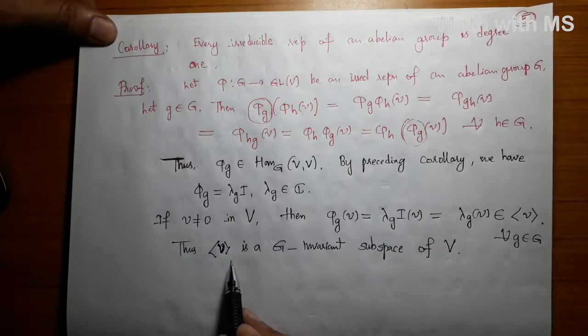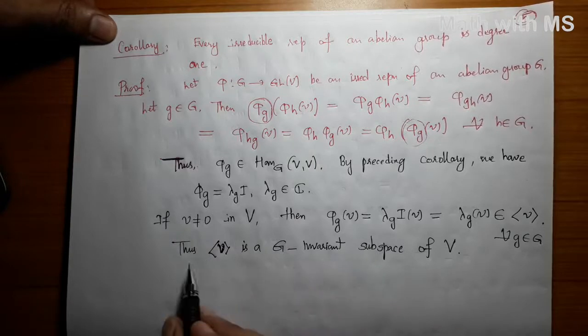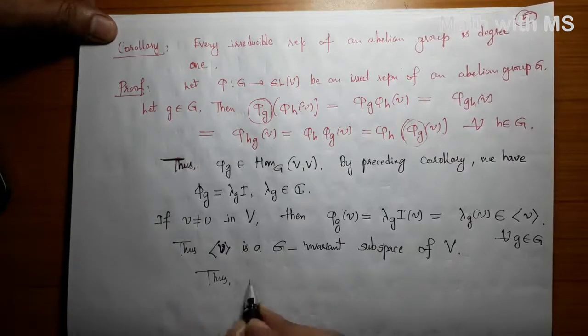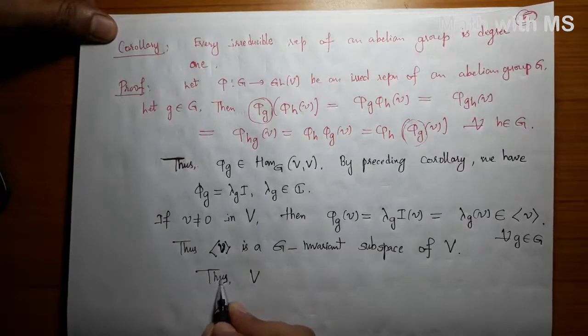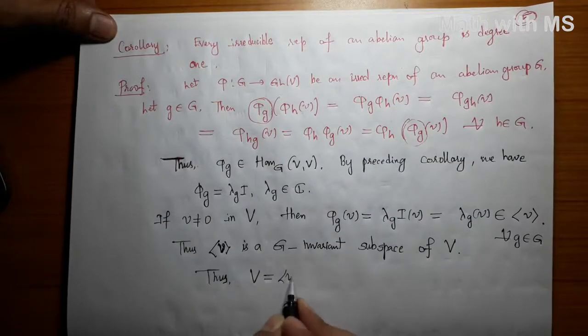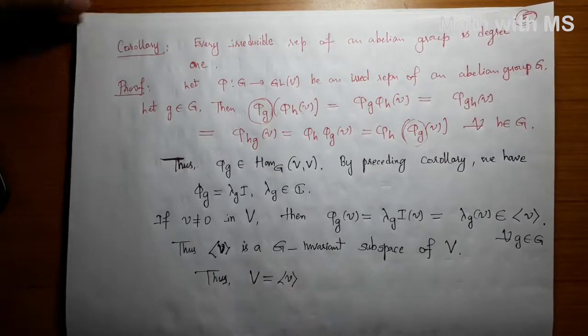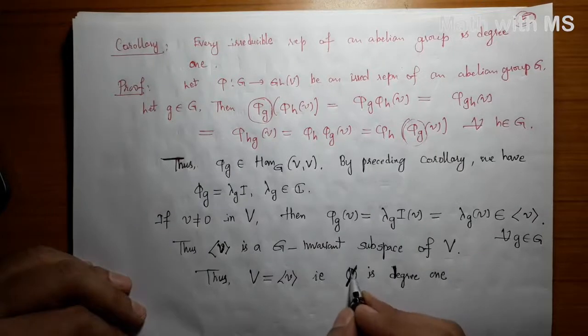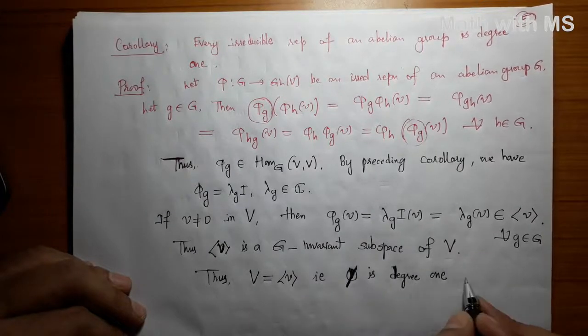So what is the possibility? Then this non-zero G invariant subspace should be the full space. So thus your V should be spanned by this non-zero vector. That is, phi is a degree 1 representation.